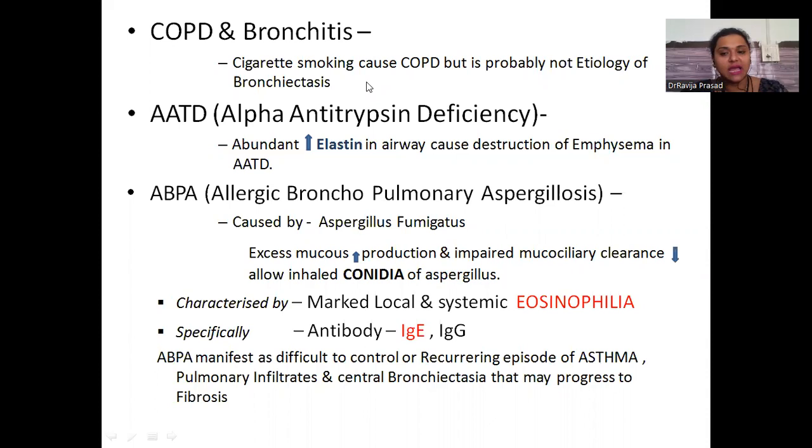Excess mucus production and impaired mucociliary clearance allow conidia of Aspergillus in, characterized by marked local and systemic eosinophilia, specifically antibodies IgA and IgE. An ABPA patient has difficult-to-control recurring episodes of asthma, pulmonary infiltrates, and central bronchiectasis that may progress with fibrosis.